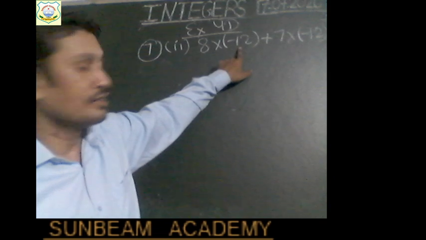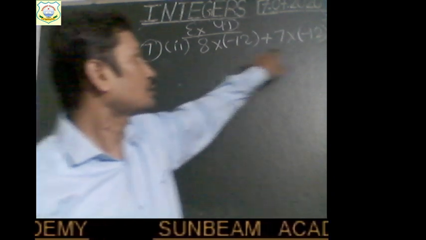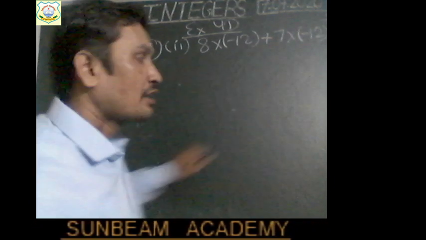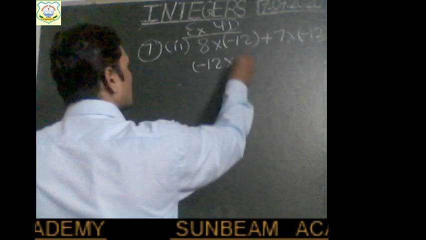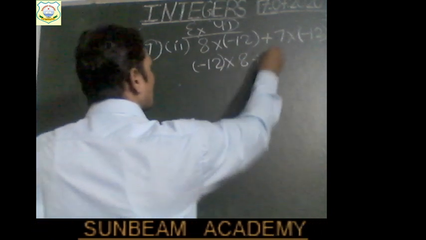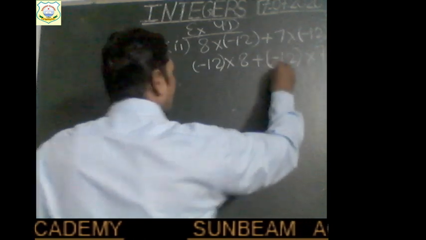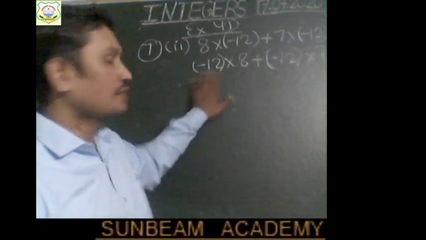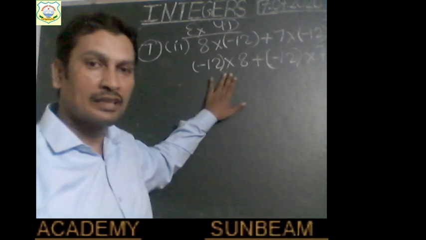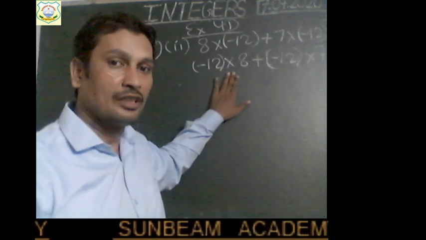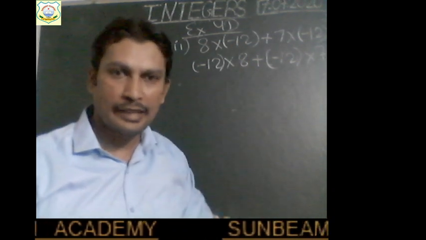Here the value of a, which is common, is minus 12. We can write it in this way also: minus 12 into 8 plus minus 12 into 7. Due to commutative law, we can change the order of multiplication of integers. So write it in this way or this way. Both are the same.